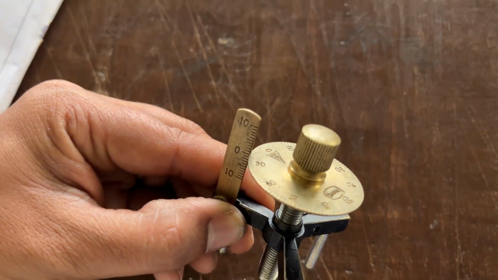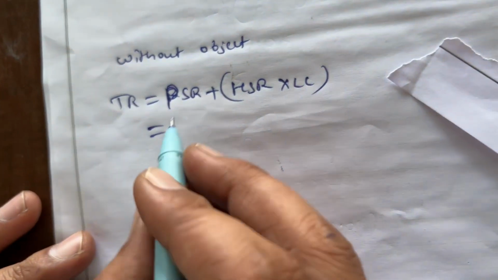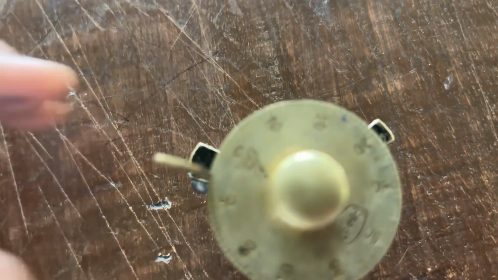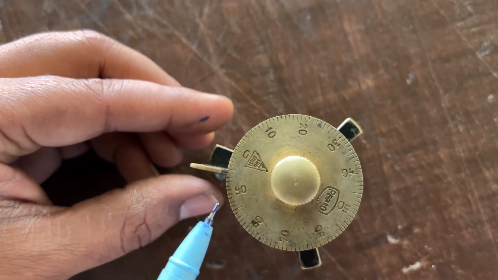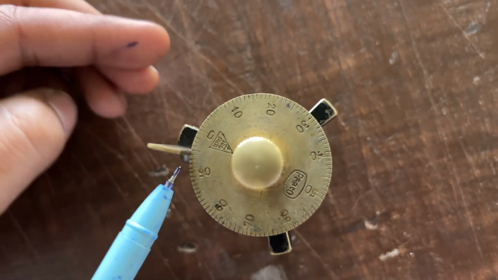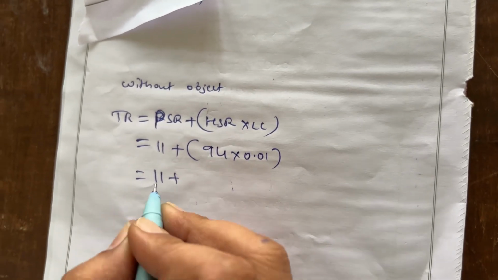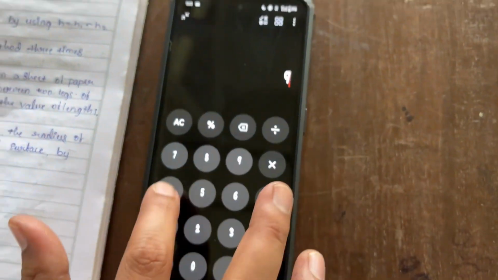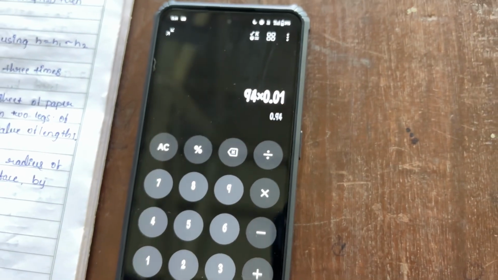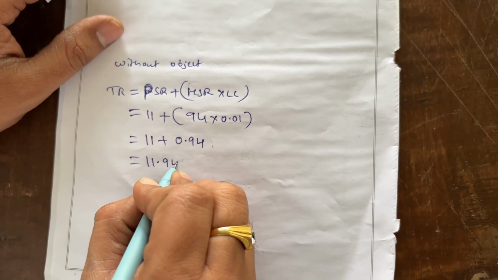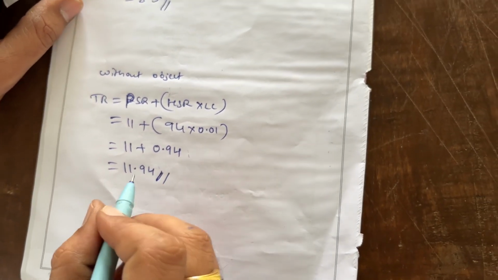I am writing it as 11. 11 is there, plus now the HSD, head scale division, is 94. 94 into 0.01. 11 plus 94 into 0.01, that becomes 0.94, and that becomes 11.94. This is the reading without object.